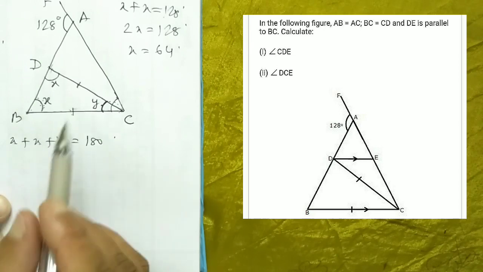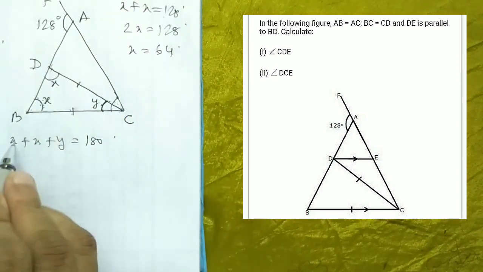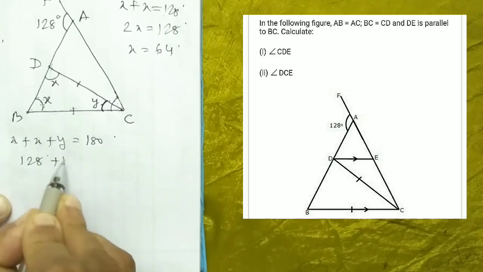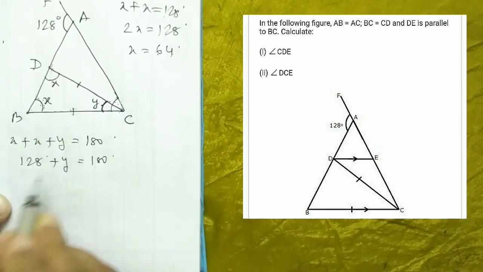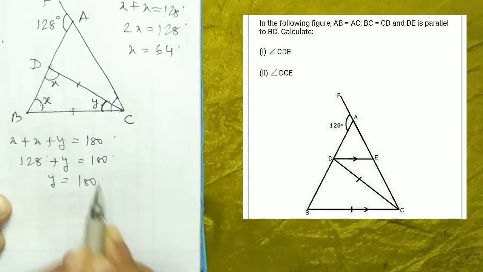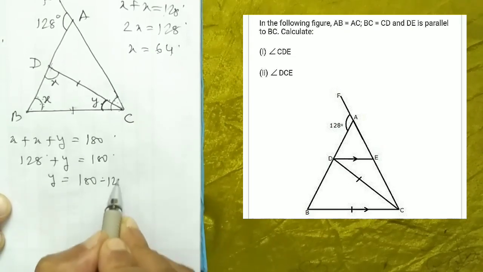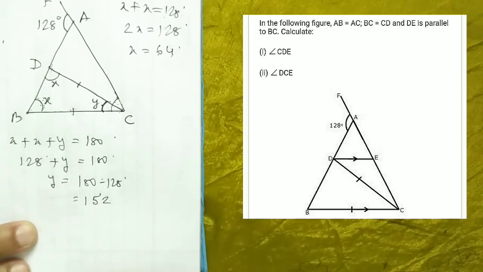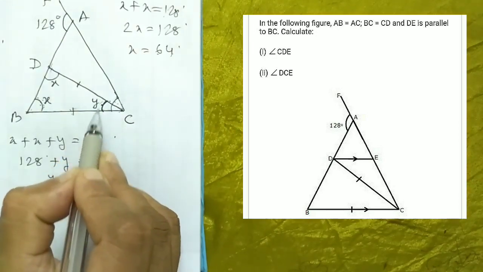Now x we know, that is 64. So 64 plus 64 is 128, plus y equal to 180 degrees. So y equal to 180 minus 128, which is 52 degrees. So this is 52 degrees.